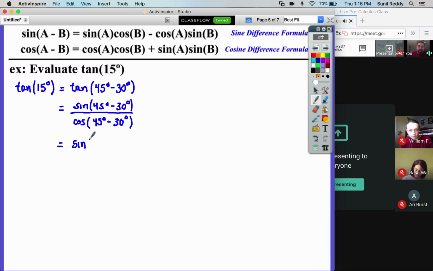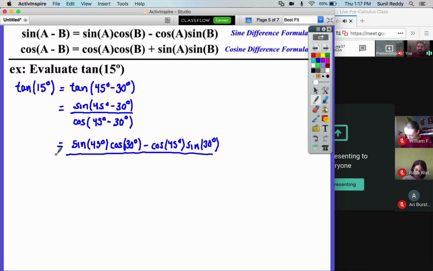So that numerator would be sine of 45 degrees times cosine of 30 degrees minus cosine of 45 times sine of 30. So same thing we did before, all divided by.